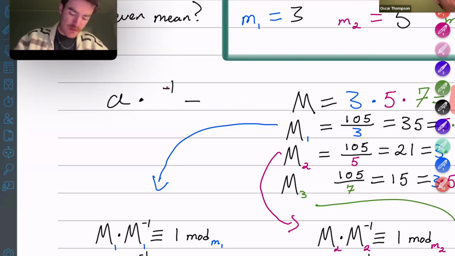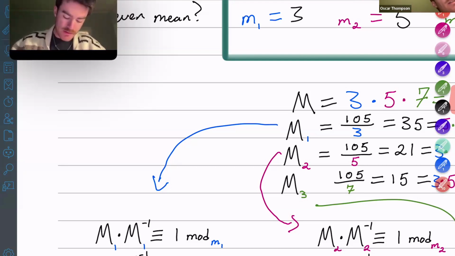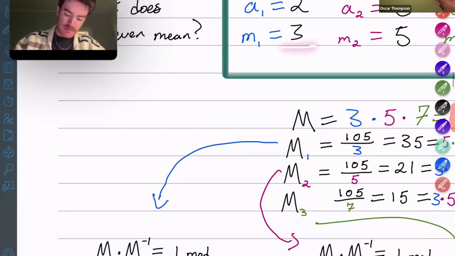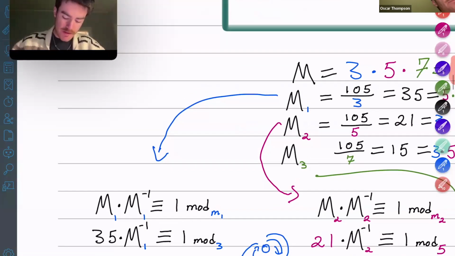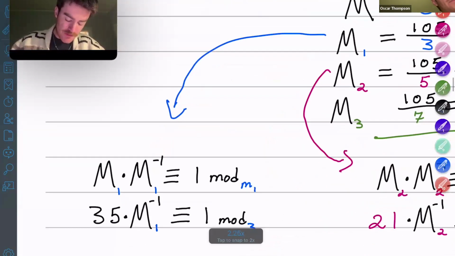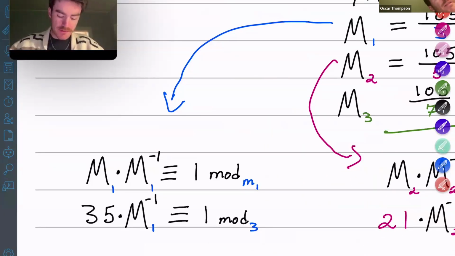So we want a number that when we multiply it by our big M sub 1 gets us 1 in the modulus that we are in, little m, which is 3. So let's go ahead and fill that out. We have 35 times big M sub 1 inverse is congruent to 1 mod 3.